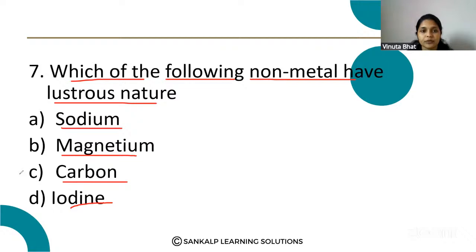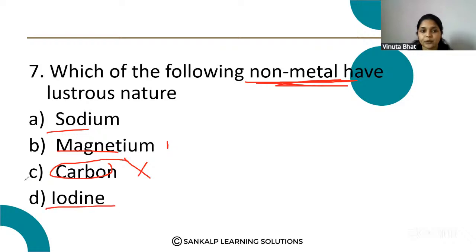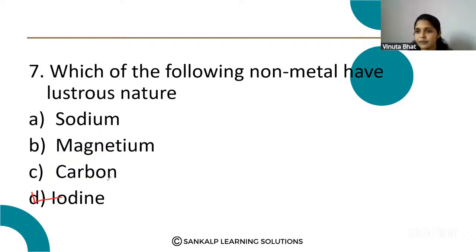Here, iodine has the lustrous property, and it is a non-metal. Sodium and magnesium are metals. But of the non-metals, which has the lustrous nature, meaning a shiny surface? Carbon does not have any lustrous nature. Option D, iodine, has the lustrous nature.